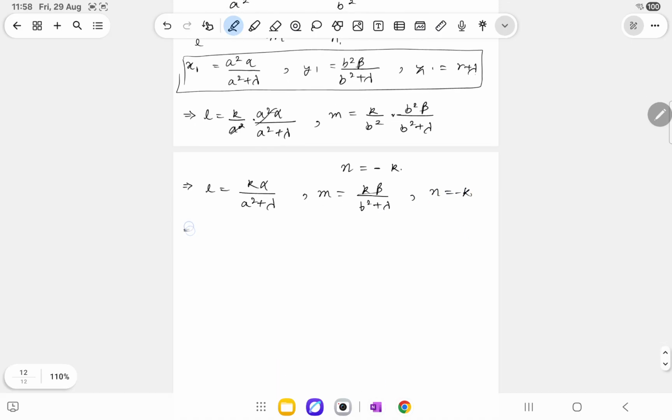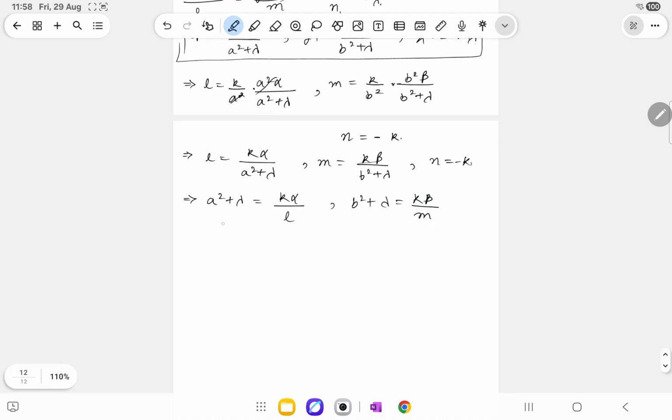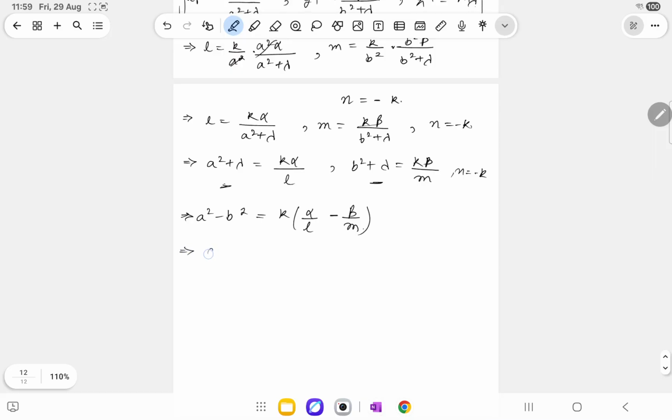From here I can find a square plus lambda as k alpha upon L, and b square plus lambda as k beta upon M. If I subtract these, I'll get a square minus b square as k times (alpha upon L minus beta upon M). So a square minus b square is equal to, with my k from here being minus N, N into (alpha upon L minus beta upon M).